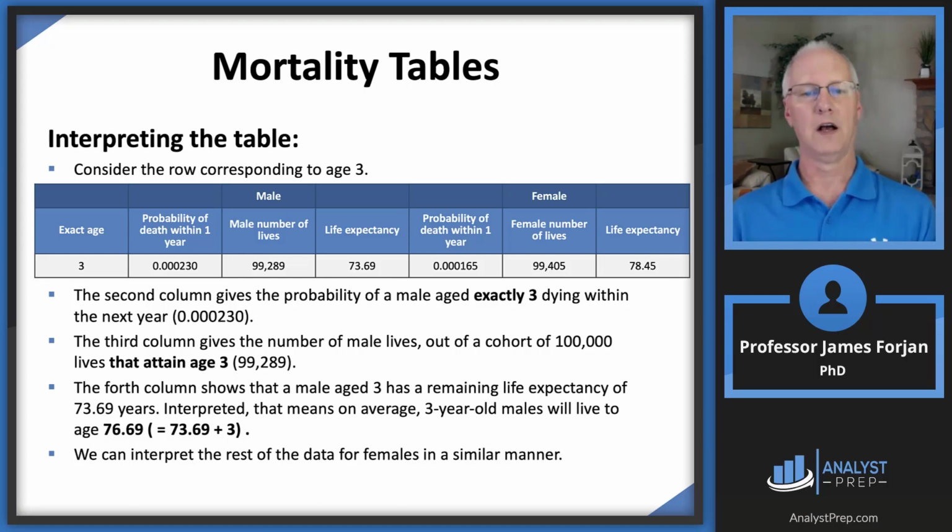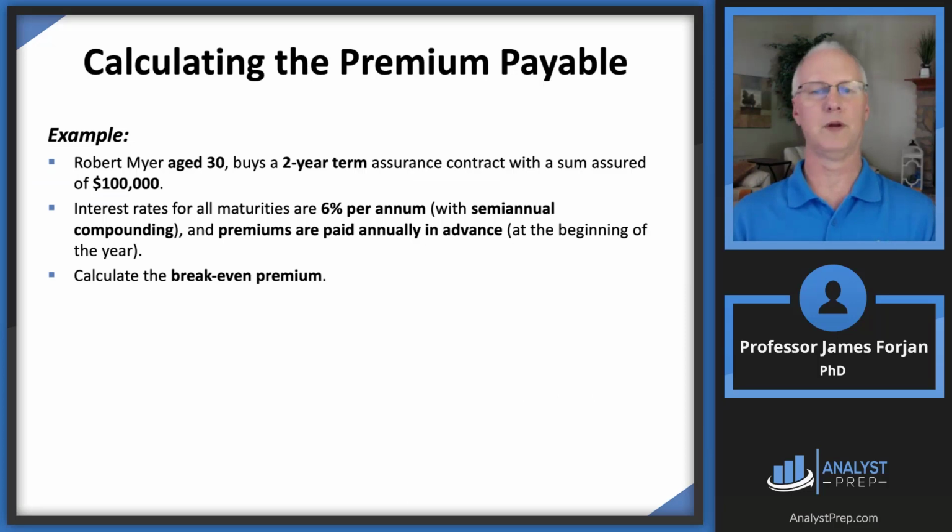So 99,289. And then the fourth column shows that a male age 3 has a remaining life expectancy of 73.69, plus those 3 years gets back to the 76.69. And the females can be interpreted in the same manner.